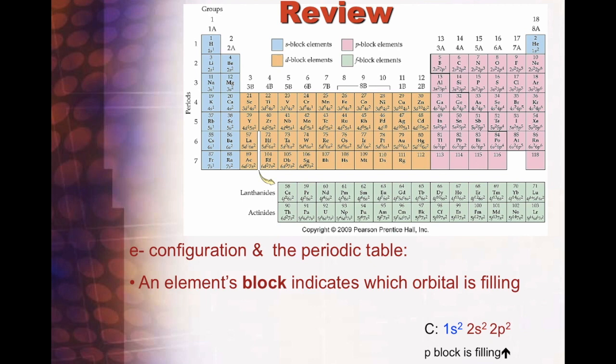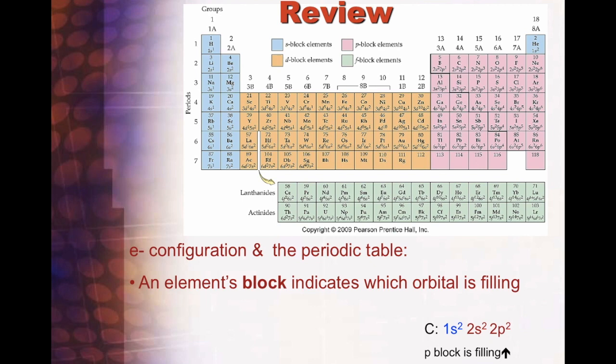And then after that, the orange elements that are low down in the table, that's the d block. In the d block, obviously that means that the d subshell is filling. Then to the right of that, we have more main group elements, the nonmetals and metalloids, and for these pink ones, the p subshell is filling.